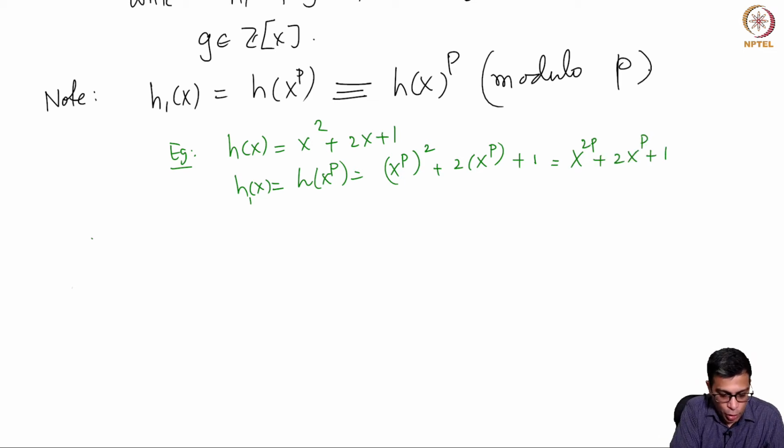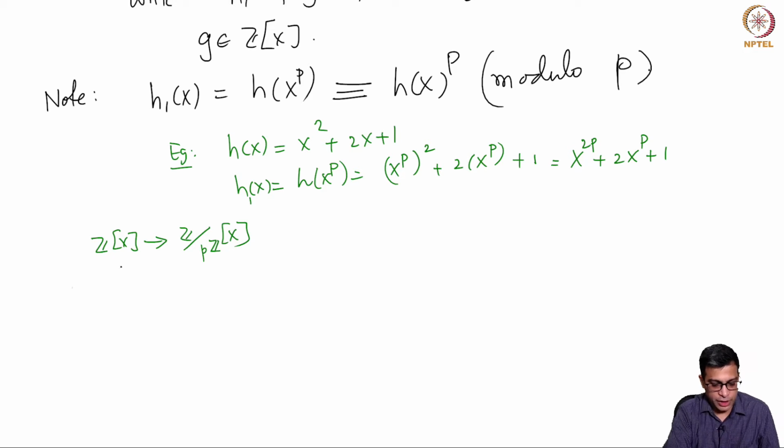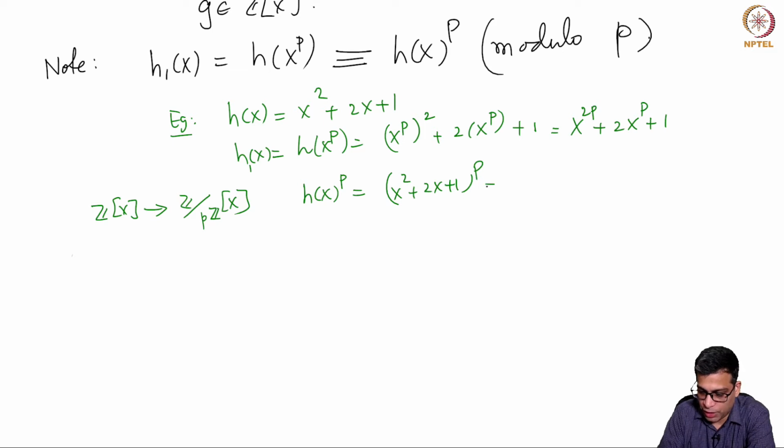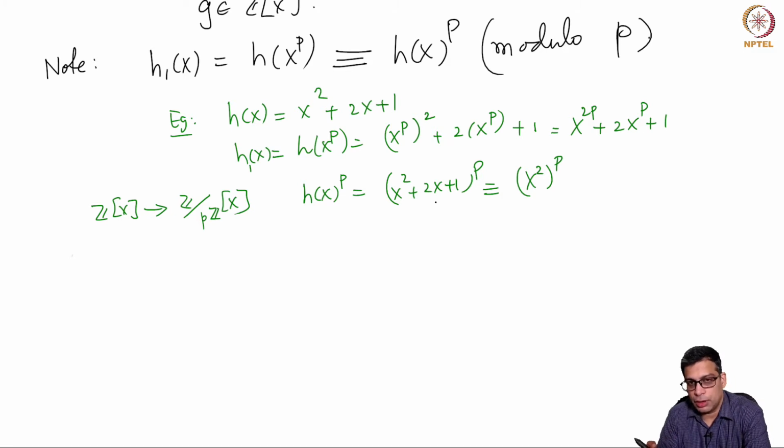But these are all integer polynomials, so you can go modulo p, which is to say that you look at the images of this. What is h of x to the power p? This is x square plus 2x plus 1 whole to the p, but modulo p, because all the mixed terms will have coefficients divisible by p, they will vanish in Z mod pZ. This is the kind of argument that we have seen multiple times.